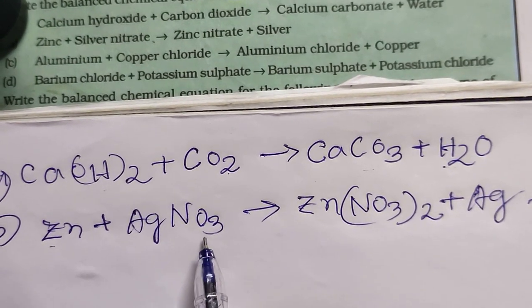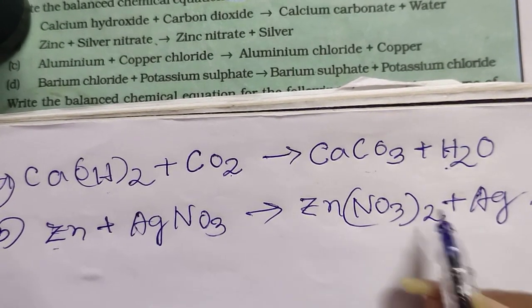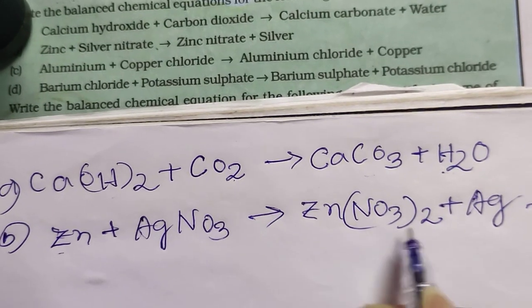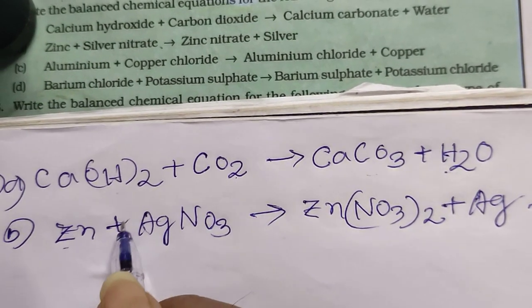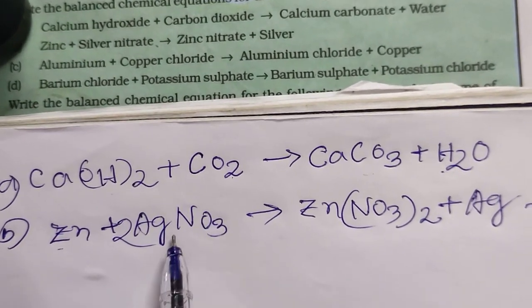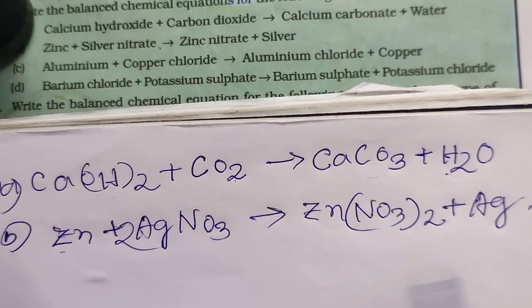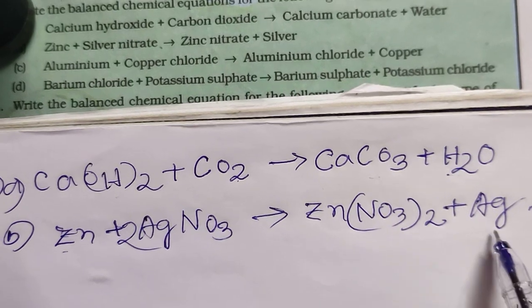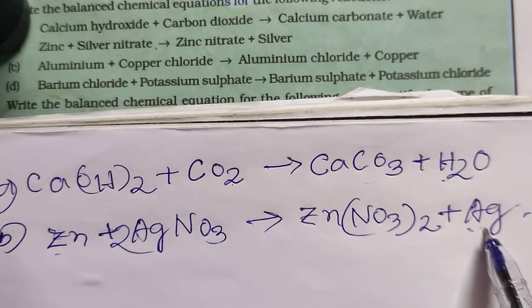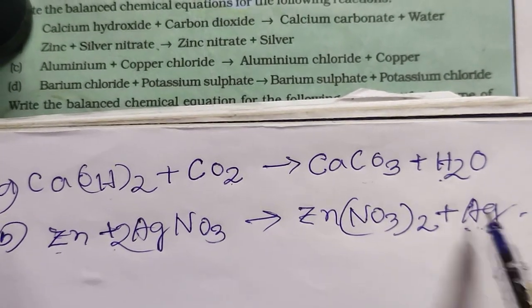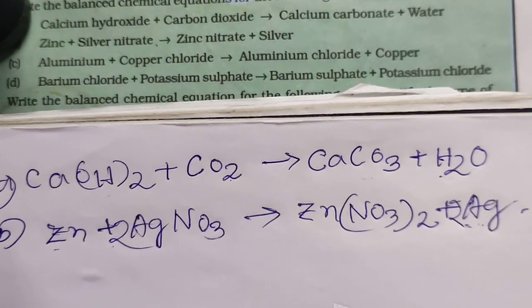The number of NO3 groups on the reactant side is 1, whereas on the product side it is 2. So you have to put a 2 here to balance the NO3 polyatomic ion. Next, silver: the number of silver atoms on the product side is 1 and here it is 2, so you should put 2 here to balance the equation.